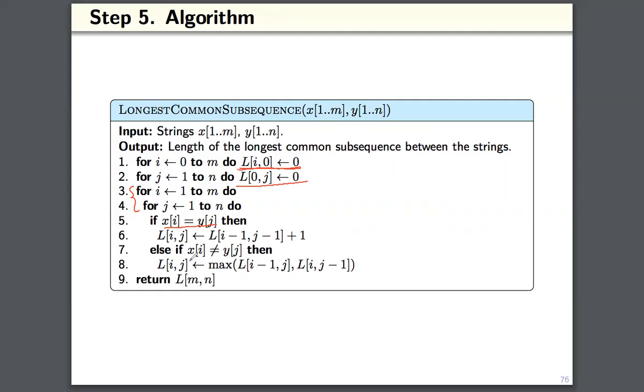Compare whether the last characters in that prefix, x of i and y of j, are equal. If they are equal, use the first possibility we discussed. If they are unequal, you take the max of the two possibilities. Return L of m, n. Writing pseudocode is trivial; it's the recurrence that is the headache.